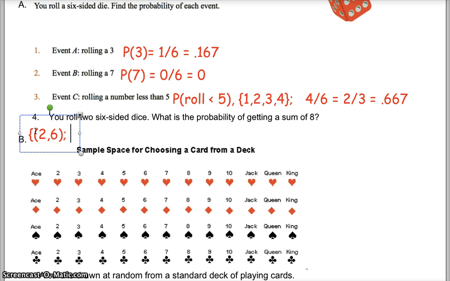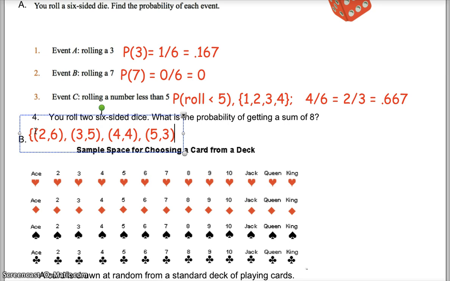If we roll a 3 on one die, we could roll a 5 on the other, and that sum is 8. If we roll a 4 on one die, we would need to roll a 4 on the other for a sum of 8. If we roll a 5 on one die, we would roll a 3 on the other.